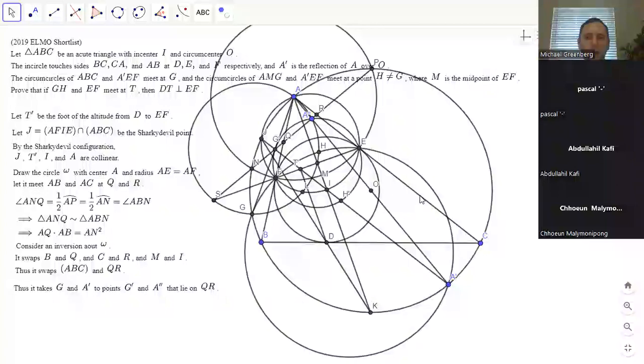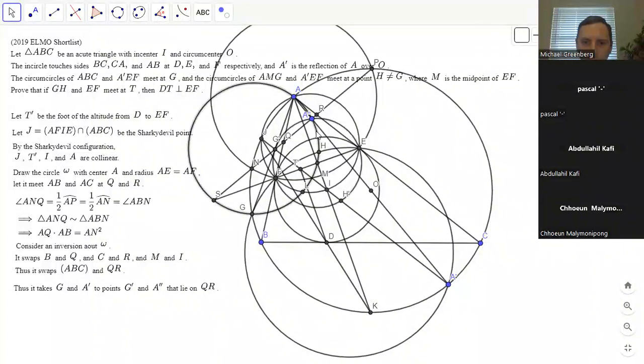So AMG and AEF meet at H. So we haven't yet shown that H lies on this, but first of all, it lies on this, which inverts to this. Okay, so we know H prime lies on this circle. And what else do we know about it?